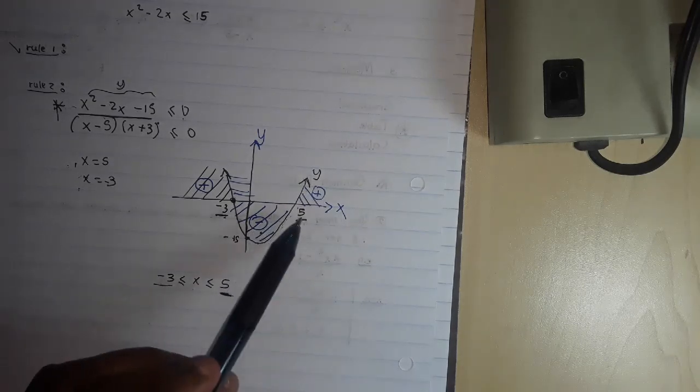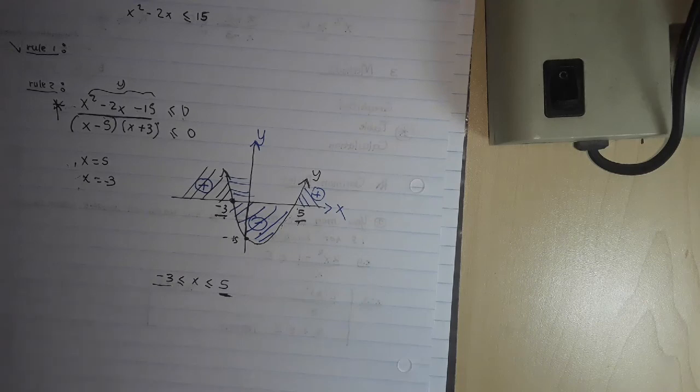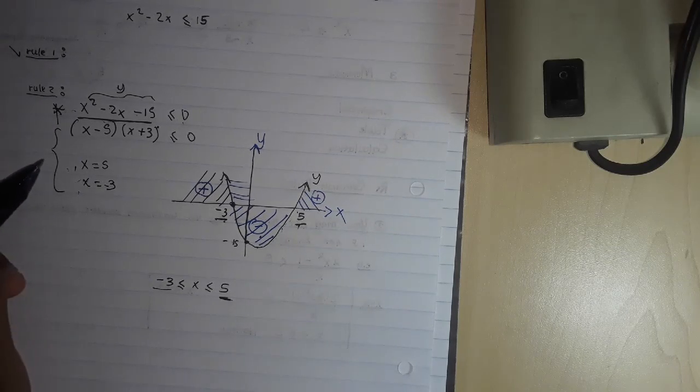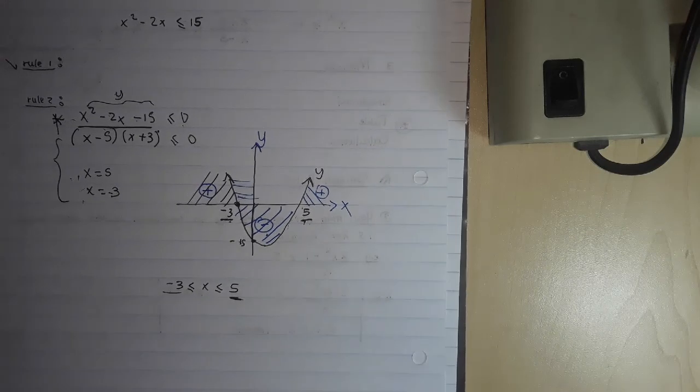So it's quite important that we solve for these because they tell us about how the graph changes. That's not pretty much useful in this graphical method, but it's going to be very useful when we're using the table method, which will be demonstrated in the next video.